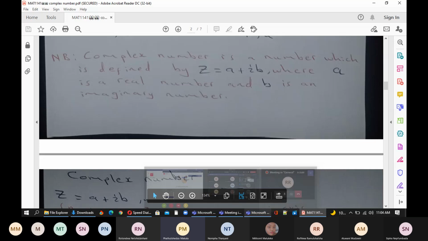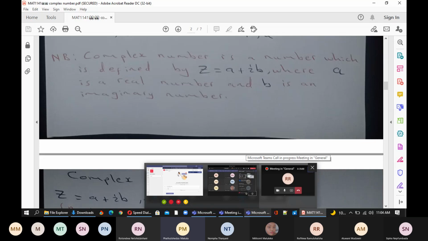Define complex. Conjugate. Can someone state for us the definition of a complex number?